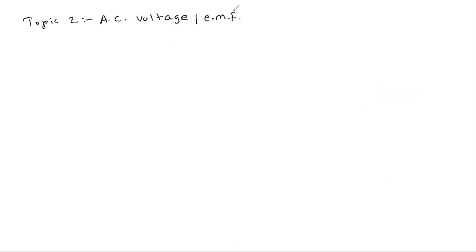applied to an inductor. Okay, so we have seen the inductor also here, and we will draw the circuit diagram for that. Just like in the previous case where you used the resistor of resistance R, here you have to use the inductor of inductance L. So this is your circuit diagram now.